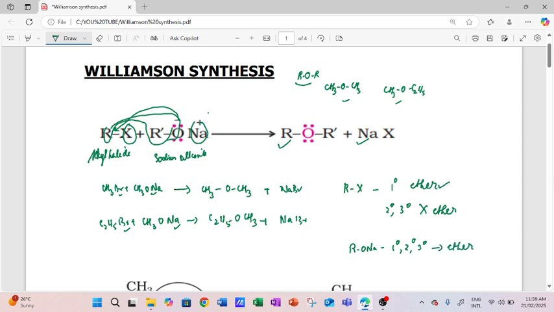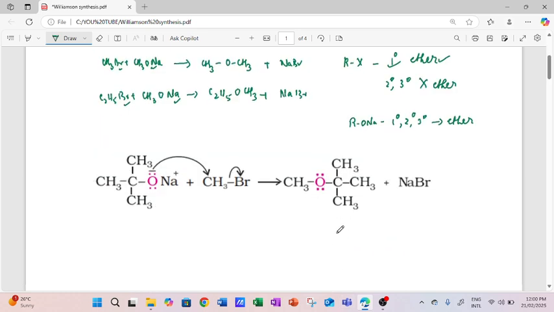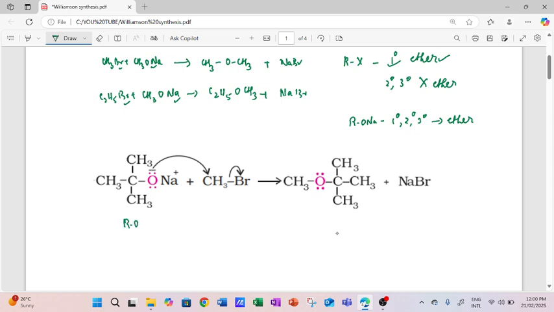So when you select the reactants for a given product, you have to always select the alkyl halide with a primary alkyl group. Here is an example: (CH3)3CONa. This is an alkoxide, RONa, and (CH3)3C is called a tertiary group.